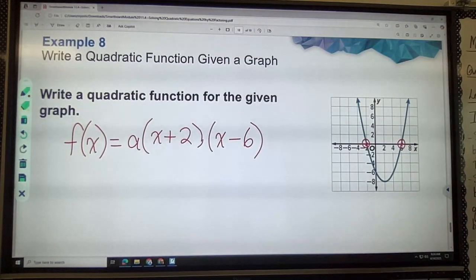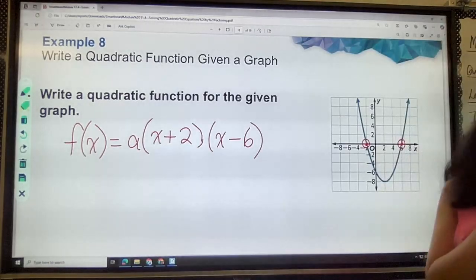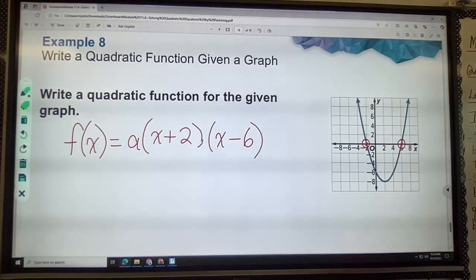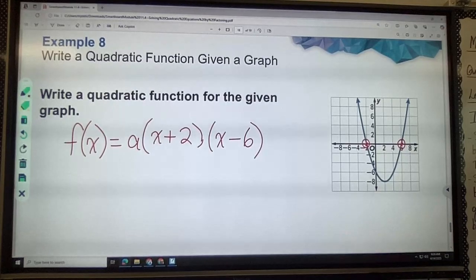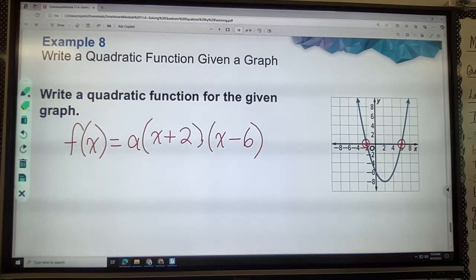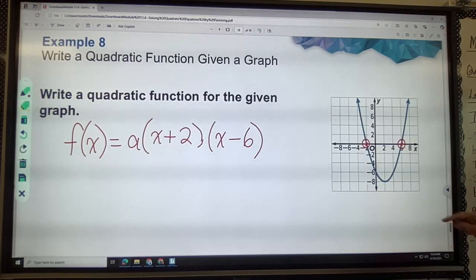And then after that, we know that the graph is opening upwards. So it has got to be a positive a value, right? So we are going to take another point on the graph to determine the value of a. And so let's look at 2, and we can take the vertex.